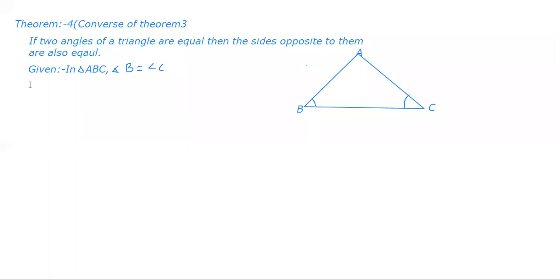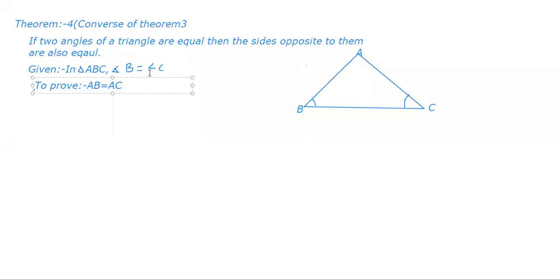Now what do you have to prove here? To prove: opposite sides, meaning this angle's opposite is AC and this angle's opposite is AB. So AB equals AC.